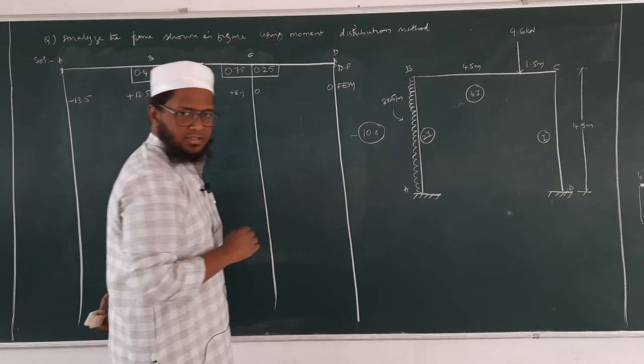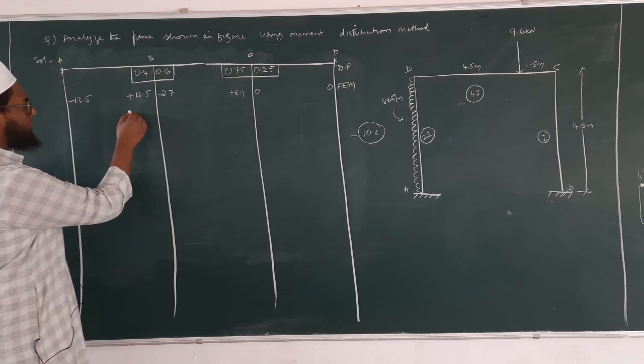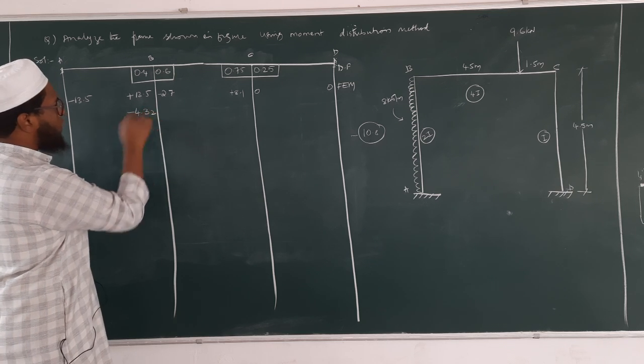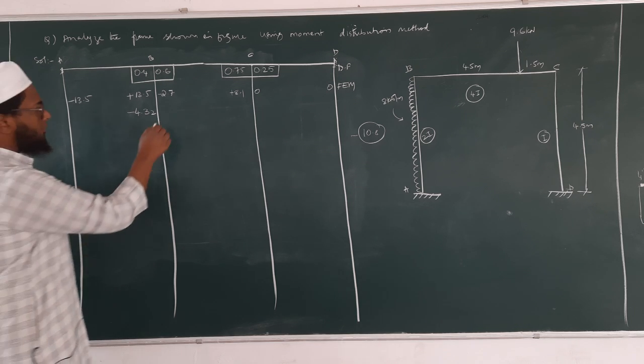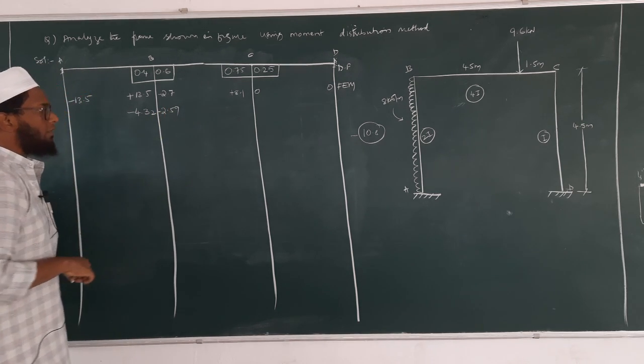So we'll make it minus. So minus 10.8 into 0.4 is how much? Minus 4.32. Next value is minus 6.48.